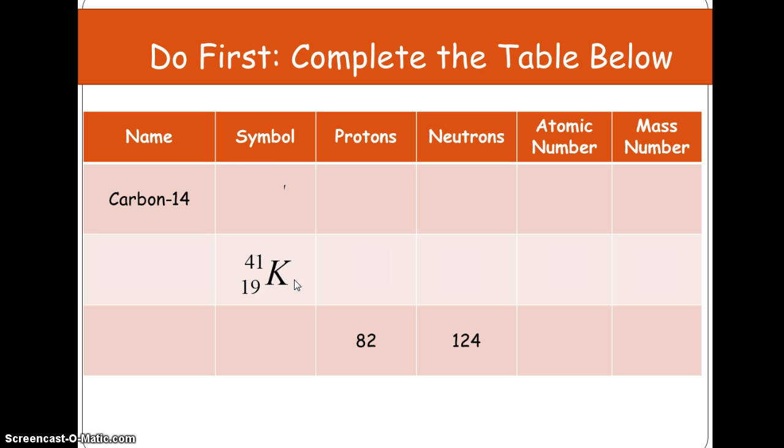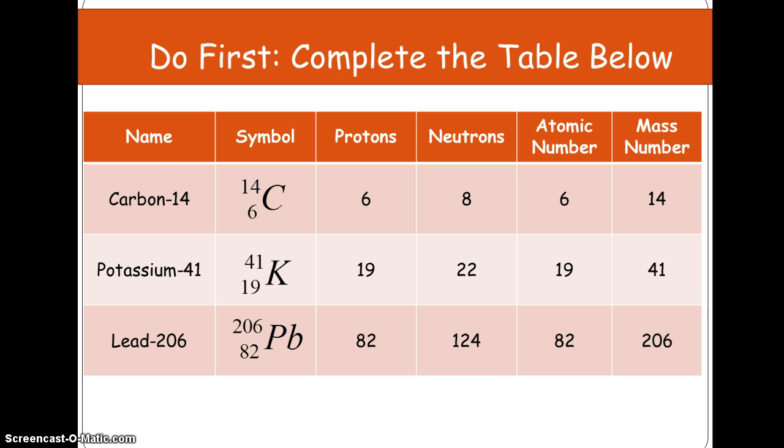So quickly to review the answers from our do first. I'm going to be putting up the answers here now. So make sure that if you got these answers incorrect, that you're copying them down now. A couple key things to remember. Whenever we have something written like this, the number after the element is the mass number. So if we have carbon 14, that means that carbon has a mass of 14.